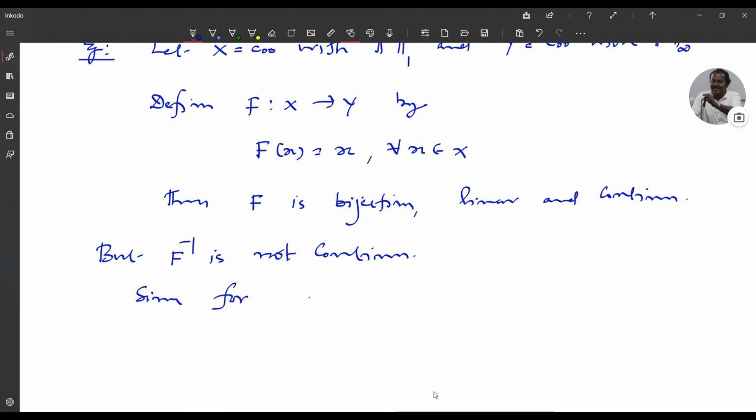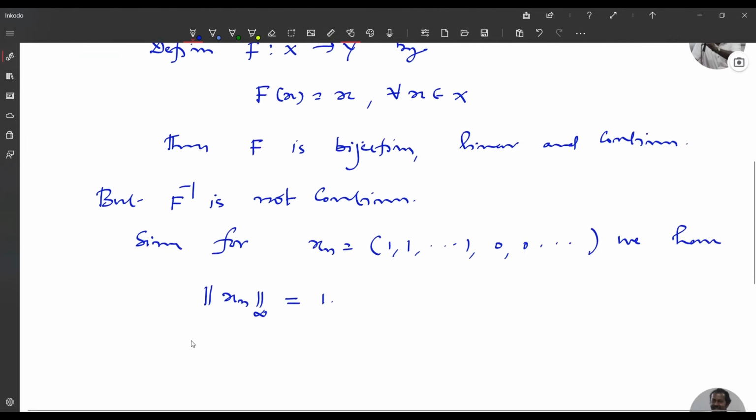Take xn equal to (1, 1, ..., 1, 0, 0, ...), where 1 occurs in the first n positions. The sup norm of xn is 1, since it is the supremum of modulus of 1 and modulus of 0, so that is 1.